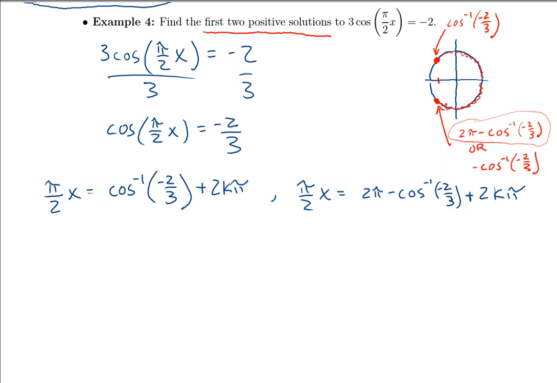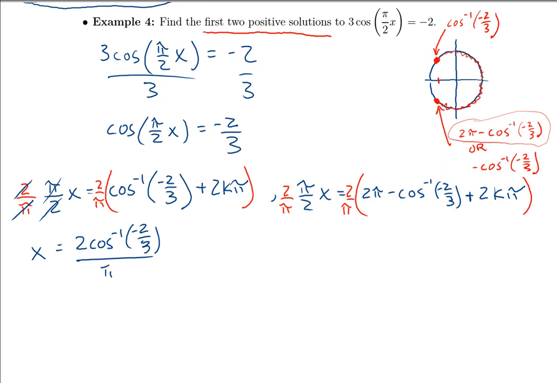All right, and we know in both cases we've got to multiply by 2 over pi to get x all by itself. So the exact form of my answer here, after all that nice cancellation happens, is 2 cosine inverse of negative 2/3 divided by pi plus 4k pi over pi.